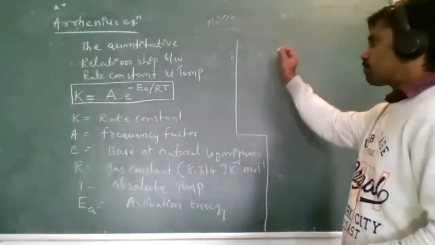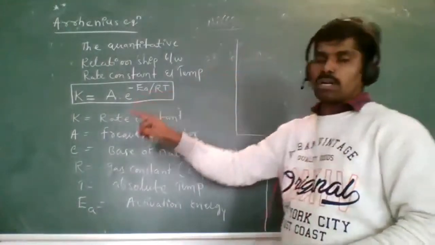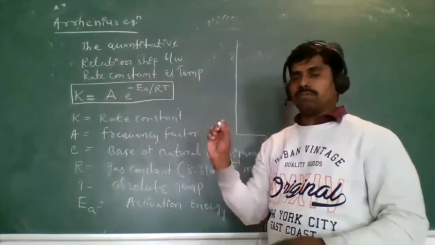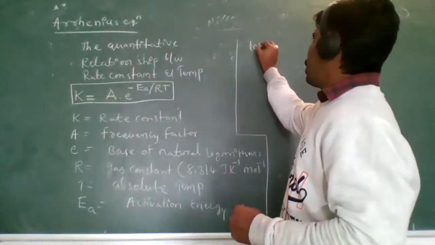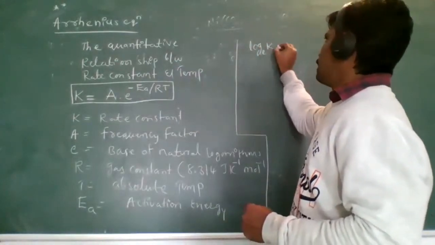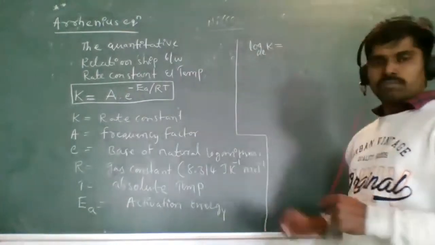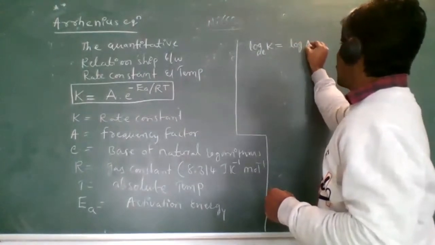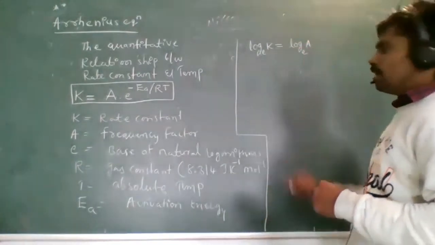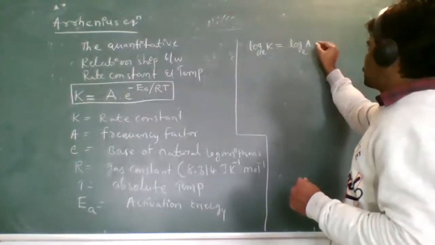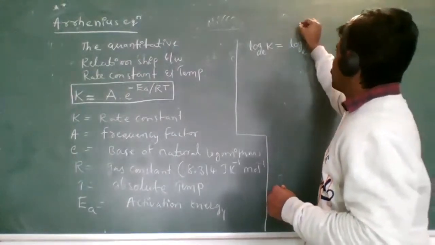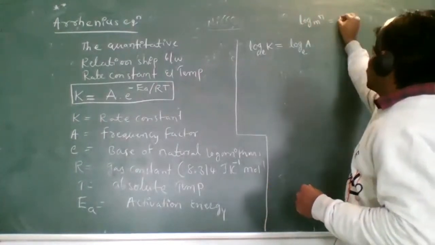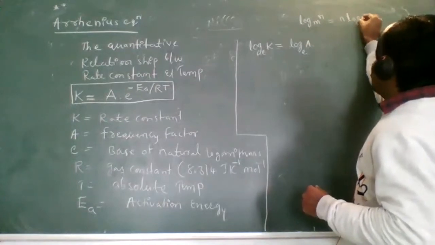See here. First of all, I write the logarithm on both sides of this Arrhenius equation. Look here. log base e k equal to log base e A. Next, here one formula is there: log m power n equal to n log m.